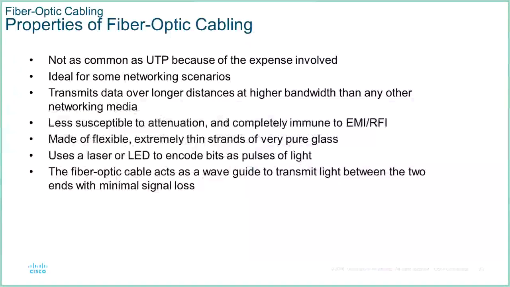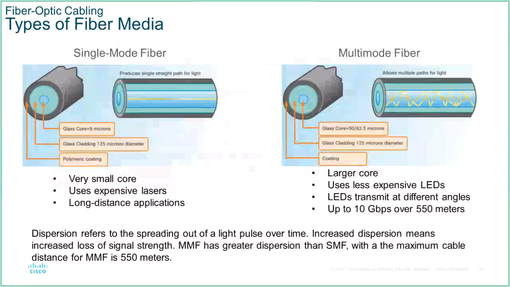Okay, so to get the light injected into that little fibre of glass, we use a high precision laser or a high precision LED light to inject the light source into the end of the fibre. We have two main categories of fibre, single mode and multi-mode. The main difference is that in single mode, your core, which is the centerpiece, is a lot smaller than the multi-mode.